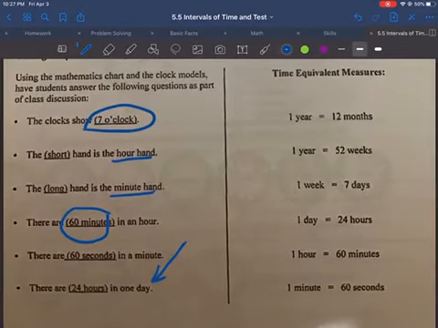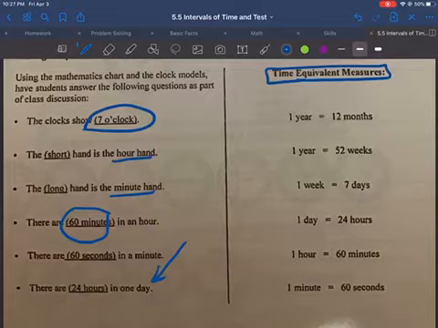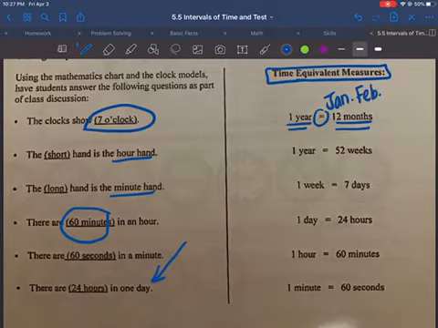So I'm going to go ahead and look right here. And I want you to look at the equivalent measures. This is from your STAR reference sheet. 1 year is the same thing as 12 months. Remember, in 1 year, we have January, February, March, April, May, June, July, August, September, October, November, December. 12 months, 1 year.